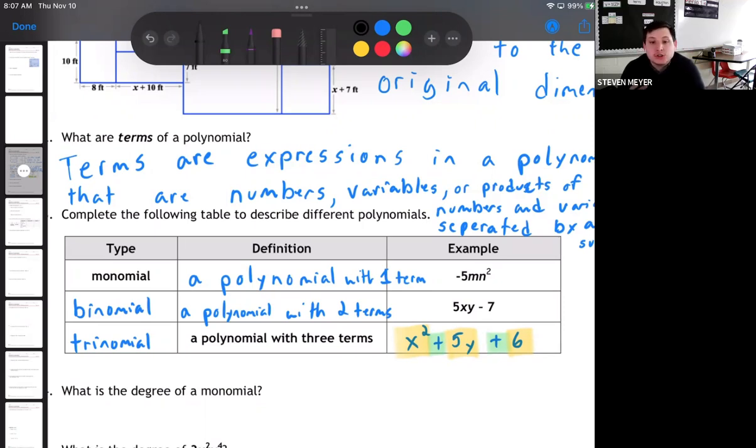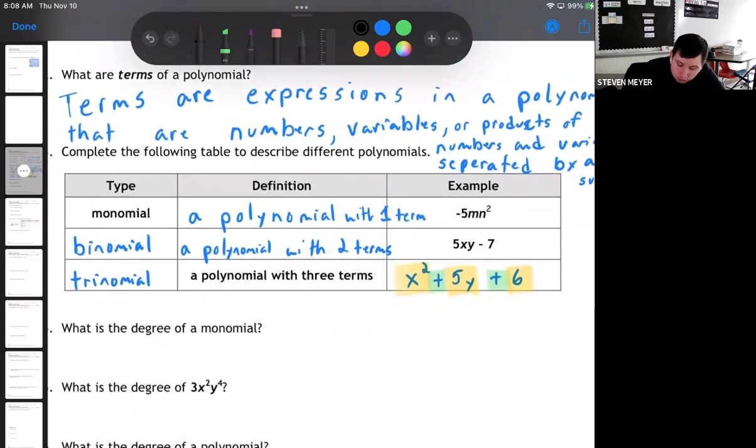Okay, so what is the degree of a monomial? The degree of a monomial is the sum of all the exponents associated with each variable in the monomial. So let's just write that definition down, and then we'll go over an example for question number 5.